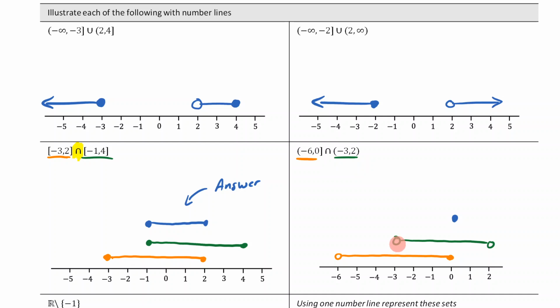Because I've got an open circle, which means I'm not including -3. So what you're going to do here is you're going to put an open circle there and then go all the way to there. So this is saying that it's intersecting everywhere that's greater than -3, but not including -3. So just really important that you stop and think about whether or not they're intersecting, especially if you've got an open circle. So very important there.